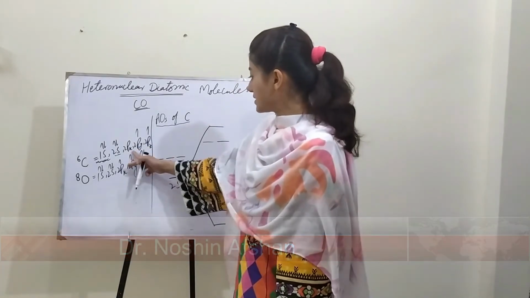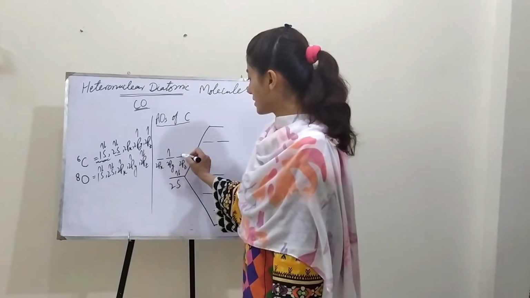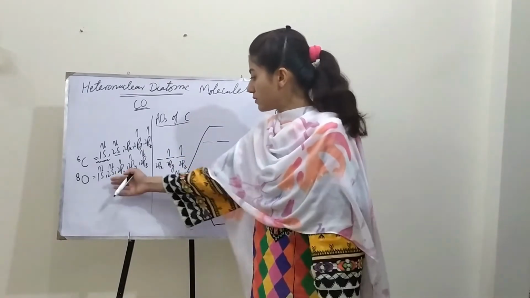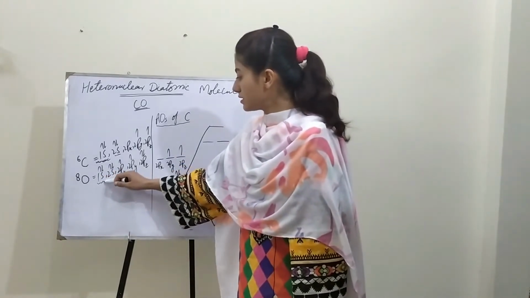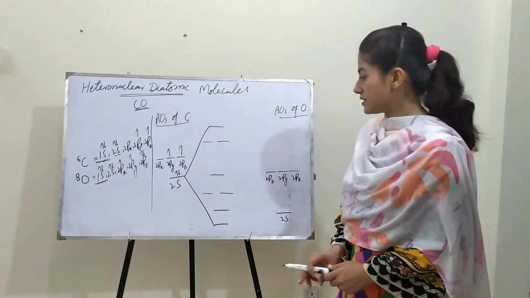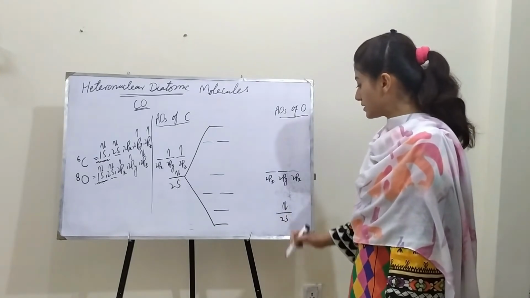Then 2px is empty, then 2py1 and 2pz1. Here 2py and 2pz have been partially filled. Now for oxygen, we will also not consider this 1s orbital. We will start from this 2s orbital. It is filled with 2 electrons over here.